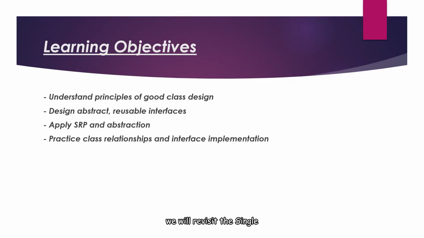Third, we will revisit the single responsibility principle or SRP and see how it keeps classes focused and easier to maintain. And finally, we will look at class relationships, how objects interact, depend, or extend one another. By the end, you will be equipped to design your own modules that are not only correct but clean and scalable.